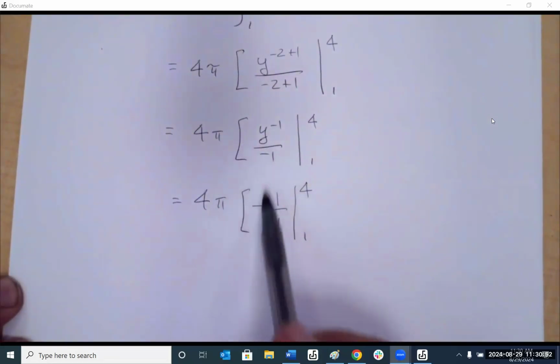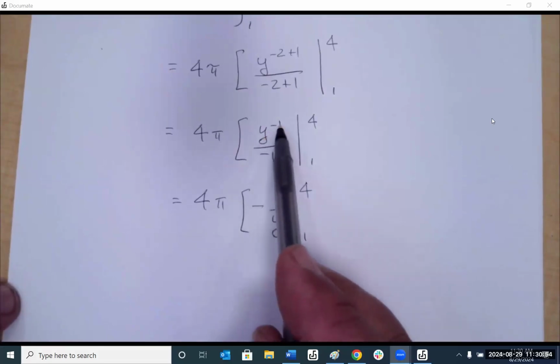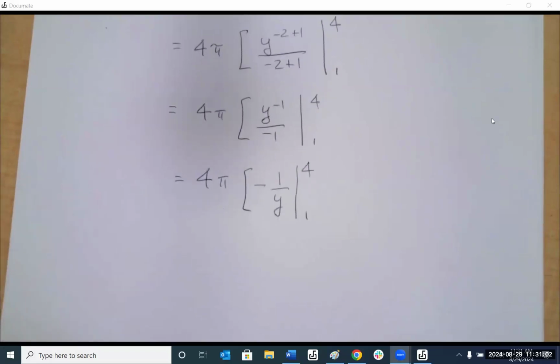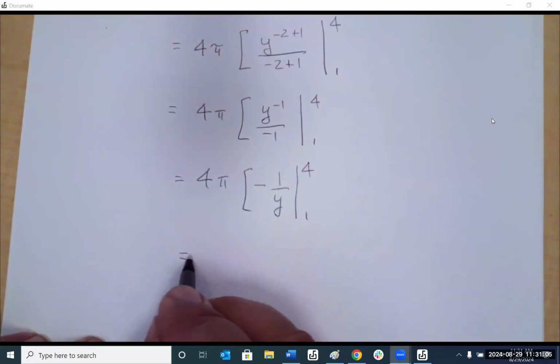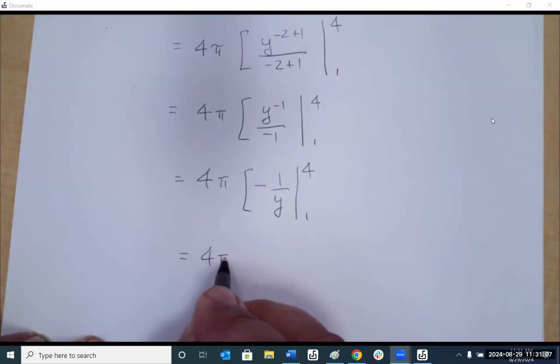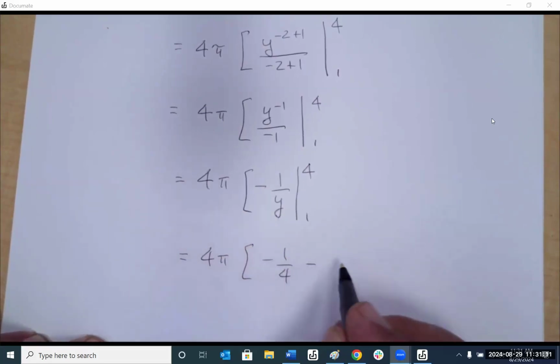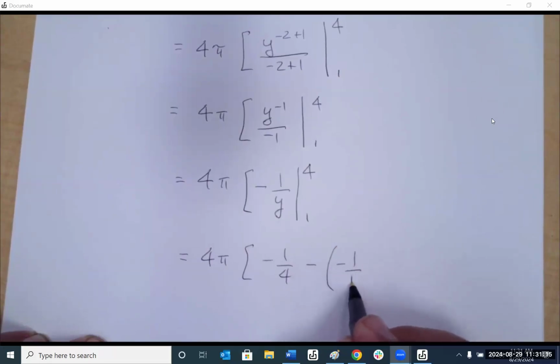So that -1 on the bottom makes the whole thing negative. That -1 exponent brings it to the bottom. -1 over 4 minus -1 over 1.